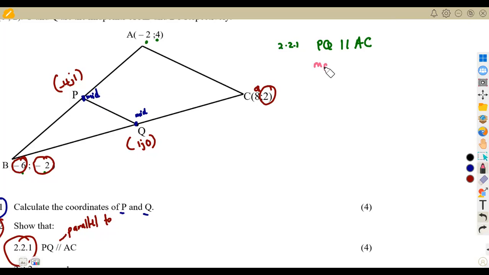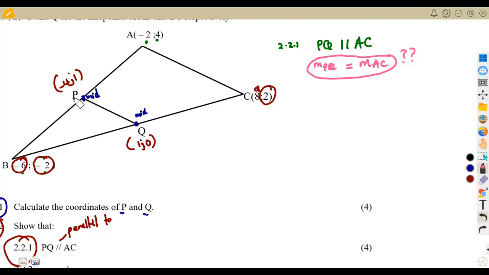The gradient of the line PQ must be equal to the gradient of the line AC if these two lines are parallel. If truly they are parallel, this is what we are supposed to have. So let us just calculate our gradients, because we have everything.